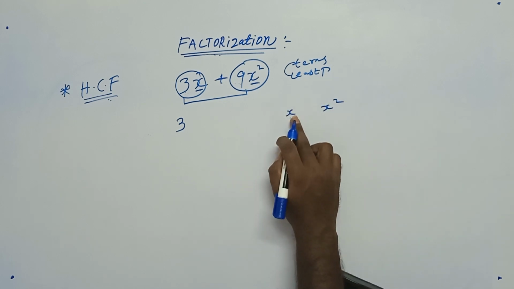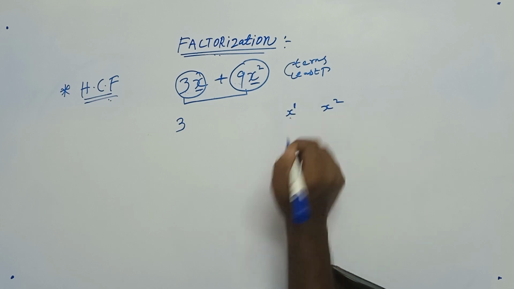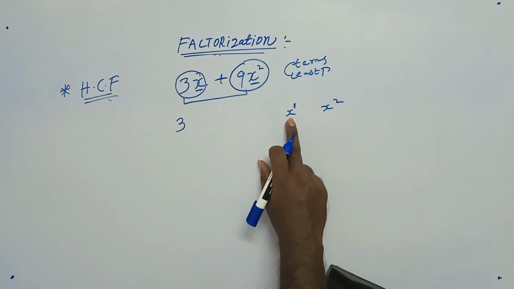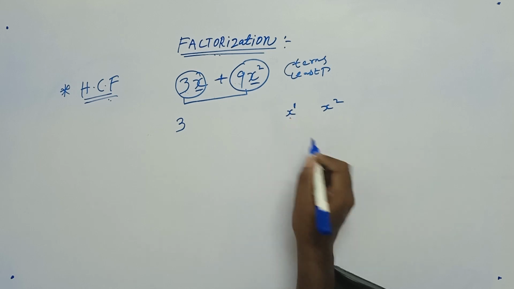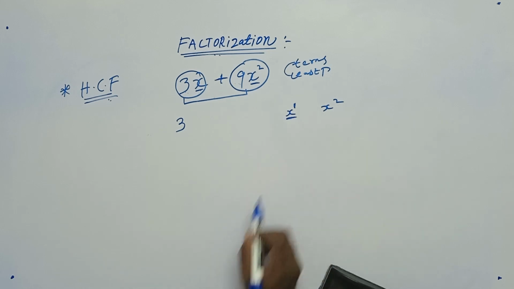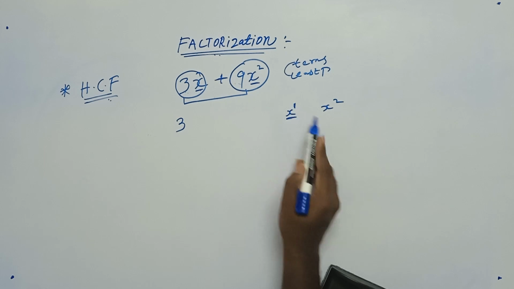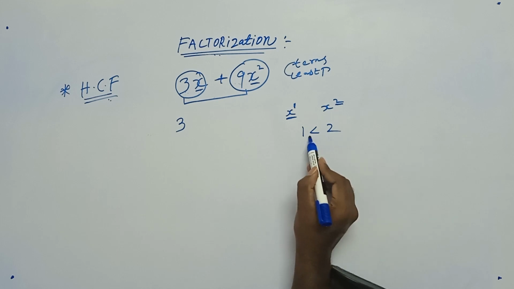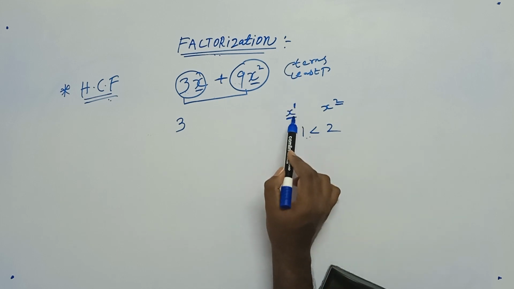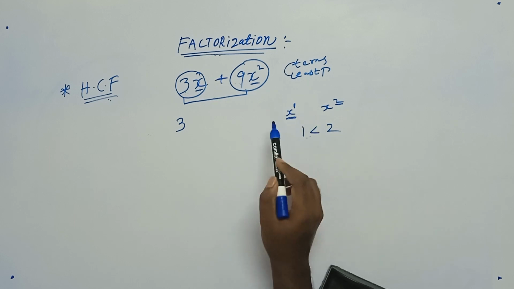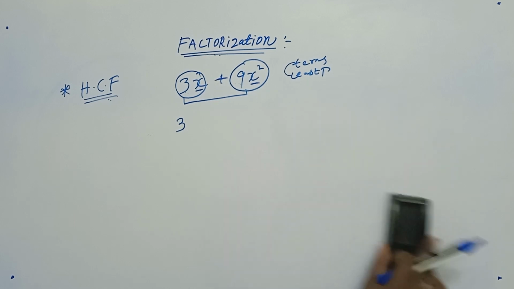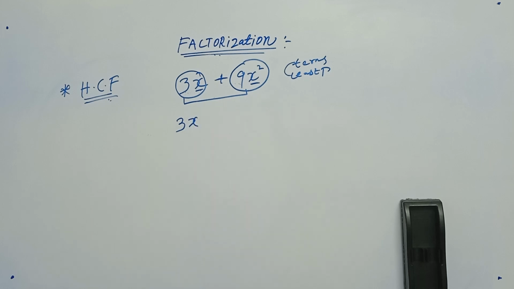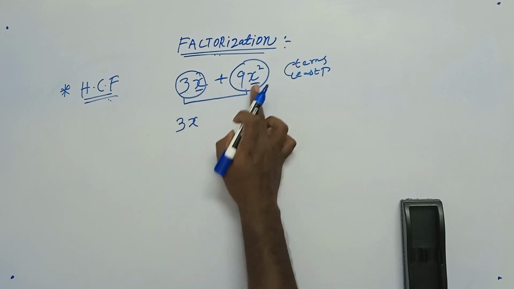If you consider this as x power 1, we can understand the least power of the variable is x power 1, because it has power 1. So 1 is less than 2, right? Here we have power 2, so 1 is less than 2. The least power of the variable becomes the HCF of the variable. Now we will write x as the HCF of x and x square.